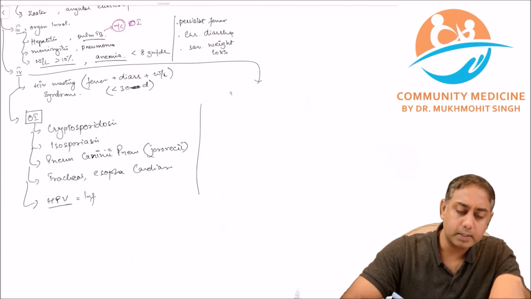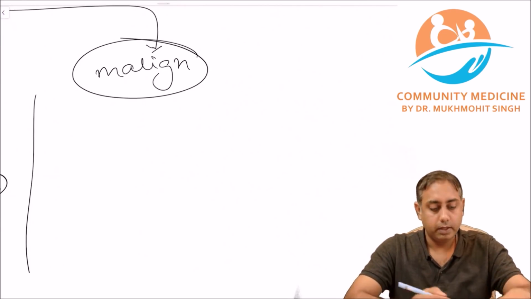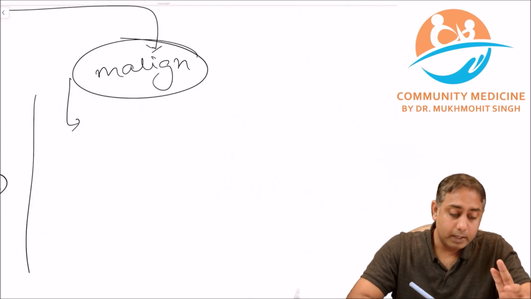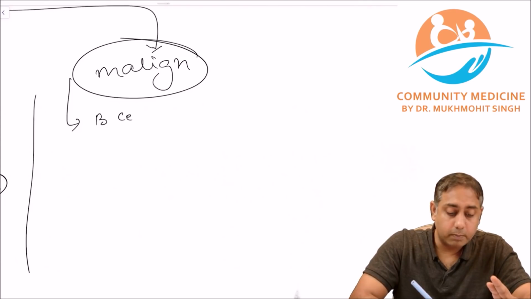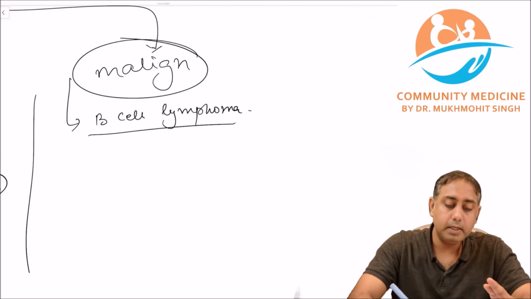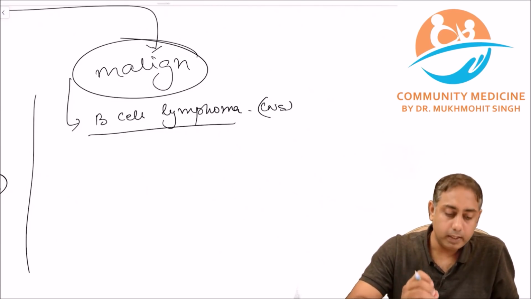What are the common cancers or malignancies that you get in HIV? If you talk about the malignancies that you get in HIV, which is the most common cancer, it is not Kaposi. If you're thinking malignancy, the most common is B cell lymphomas. These are B cell lymphomas from the CNS. B cell CNS involvement, B cell non-Hodgkin lymphoma is the most common cancer in HIV.